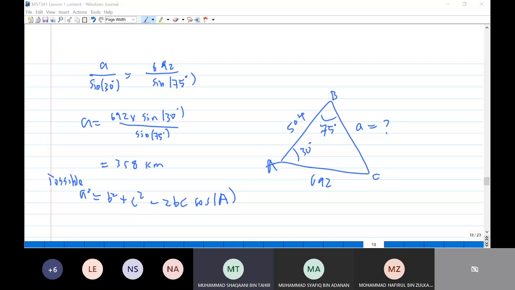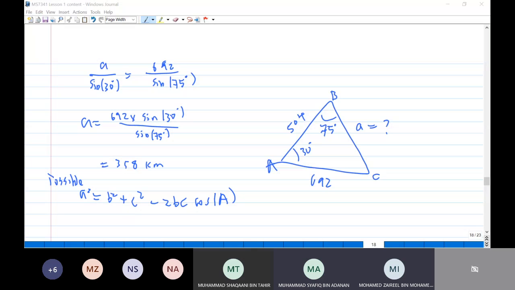Example 1, example 2, the answer is 622.3, I mean 624.3. What is the mistake I made here?